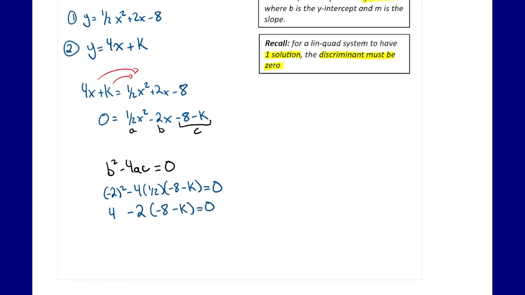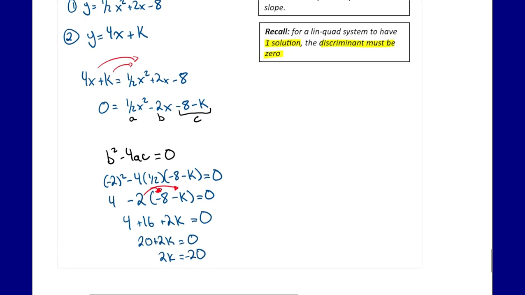I have to distribute first, so 4 plus 16, which is 2 times 8, plus 2k equals 0. I can simplify, so I have 20 plus 2k equals 0.